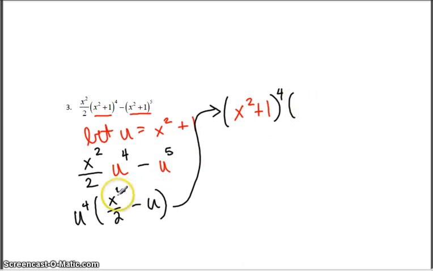And I'm going to go ahead and make this x squared over 2. I'm going to rewrite that as 1/2 x squared. And we rewrite the U as x squared plus 1.